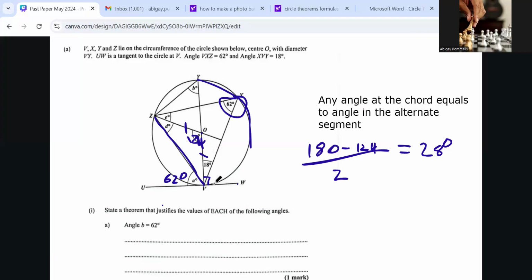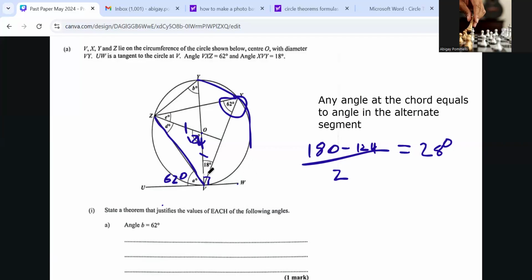All right, so we know that this is 28. Oh, okay, I get it now.